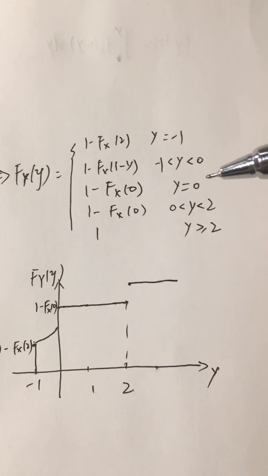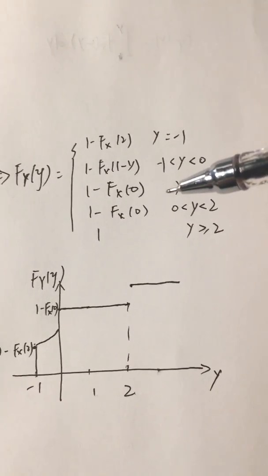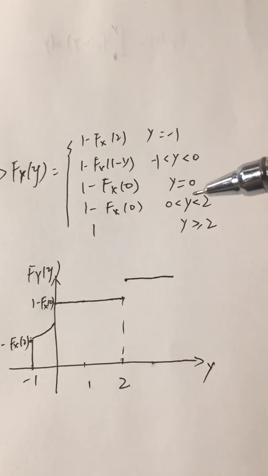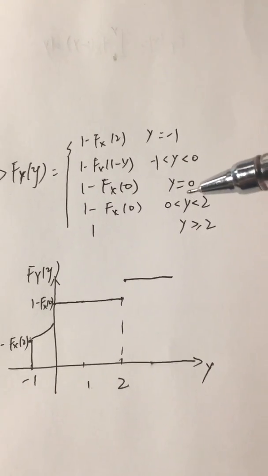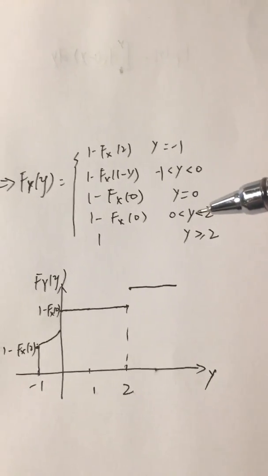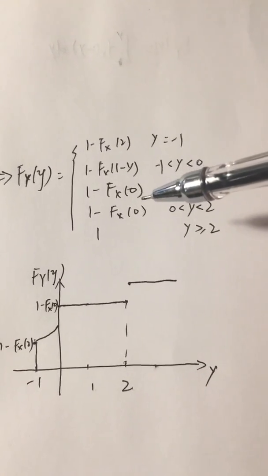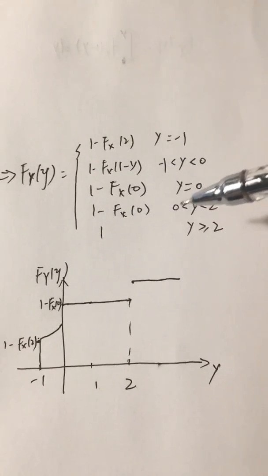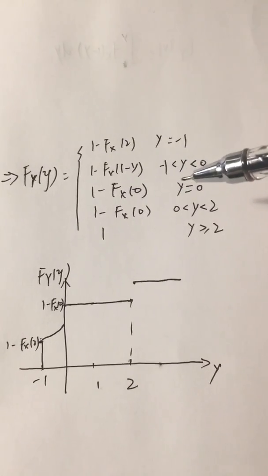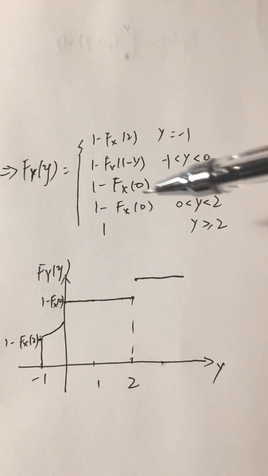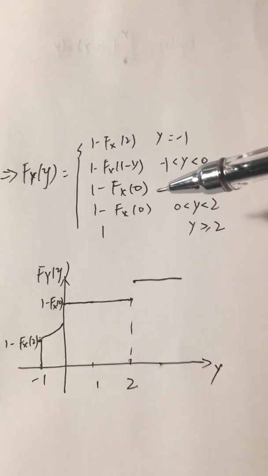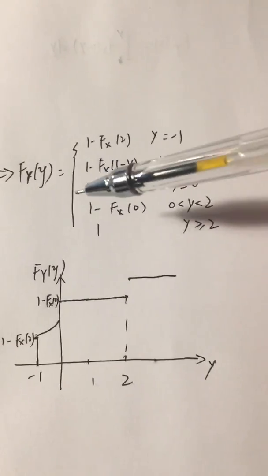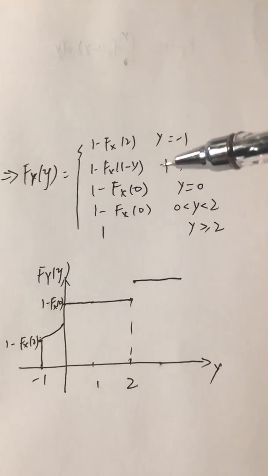When y is 0, the value of the function is 1 minus capital Fx(0), and when y is between 0 and 2, definitely capital FY is not changed, so it also equals what it is when y equals 0, which is 1 minus capital Fx(0), and when y is larger than 2, the function value is 1.